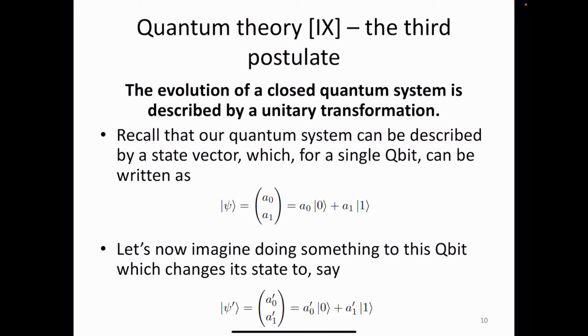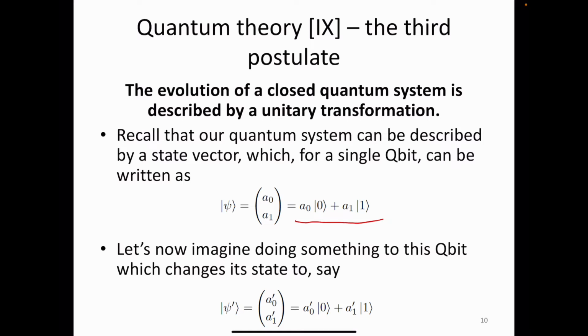The third postulate is that the evolution of a closed quantum system is described by a unitary transformation. First, we recall that our quantum system can be described by a state vector, which for a single qubit can be written as we did before, with the amplitudes a sub 0, a sub 1, which is really the same as writing it that way here: a sub 0 associated with the state 0, a sub 1 associated with the state 1.